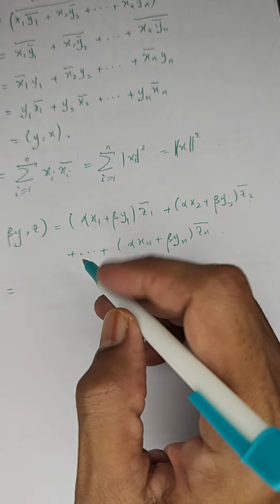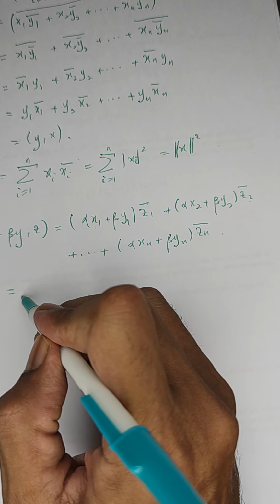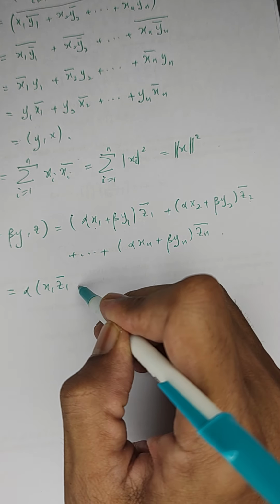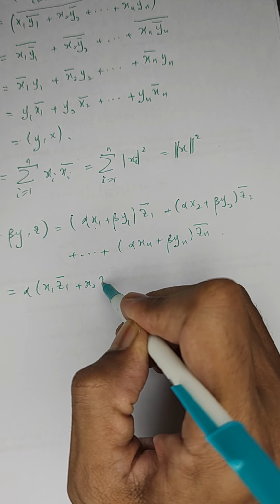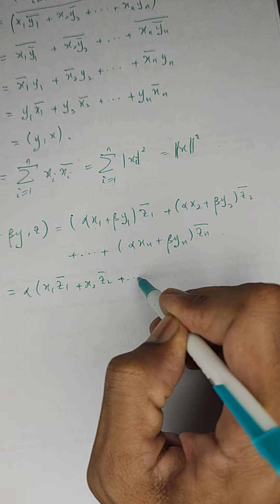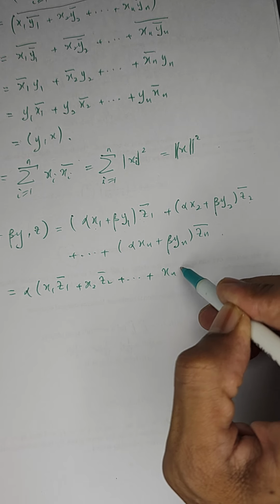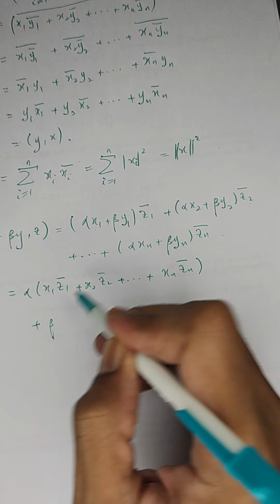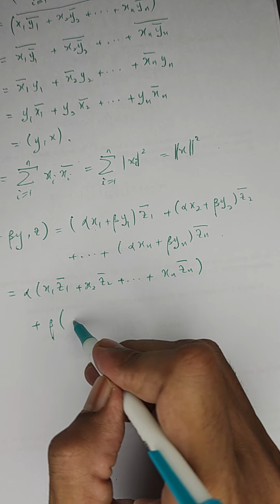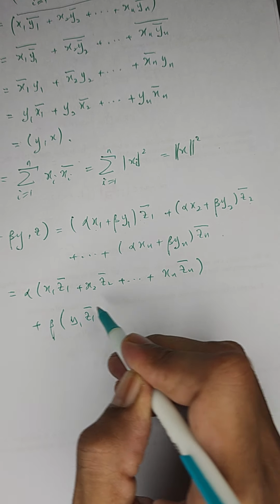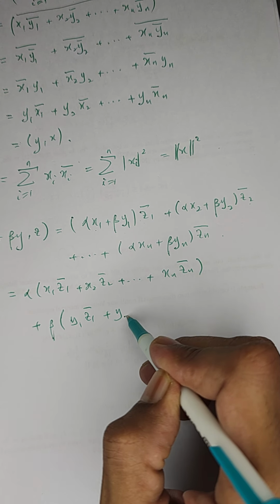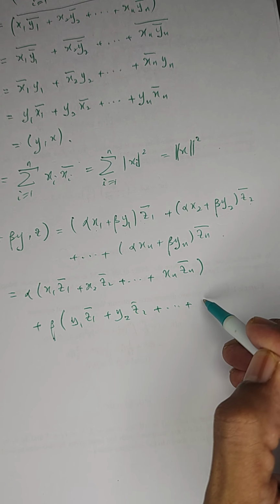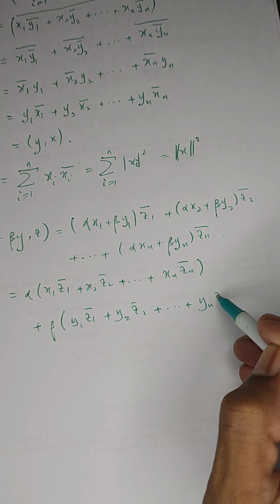So this is alpha times x1 z1 bar plus x2 z2 bar, and so on, plus xn zn bar, plus beta times y1 z1 bar plus y2 z2 bar, and so on, plus yn zn bar.